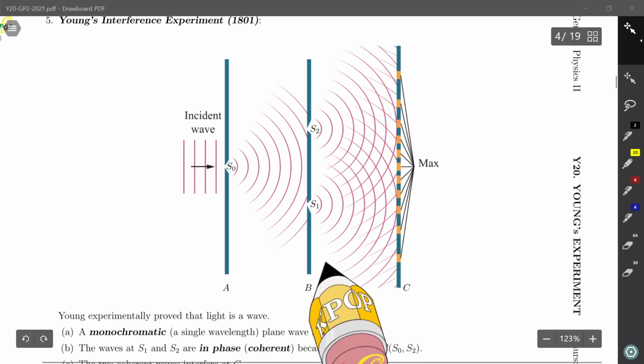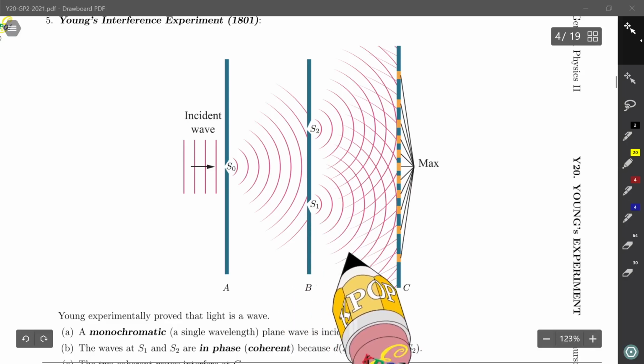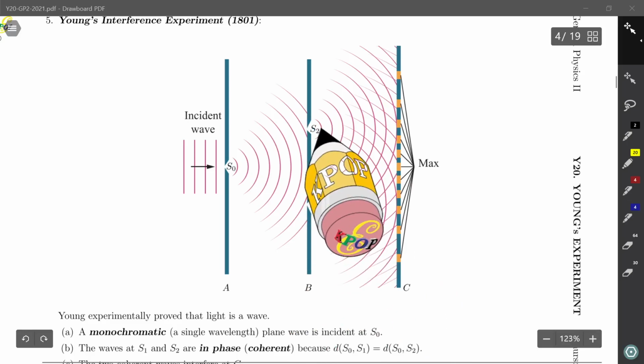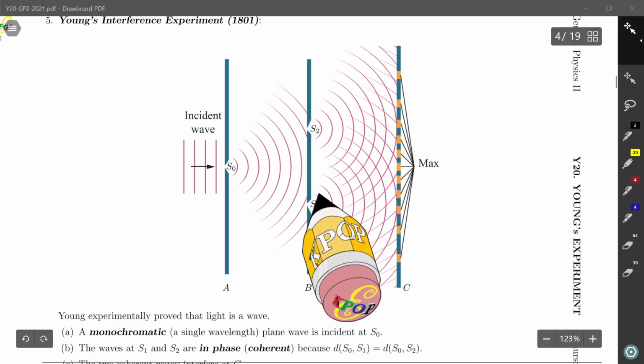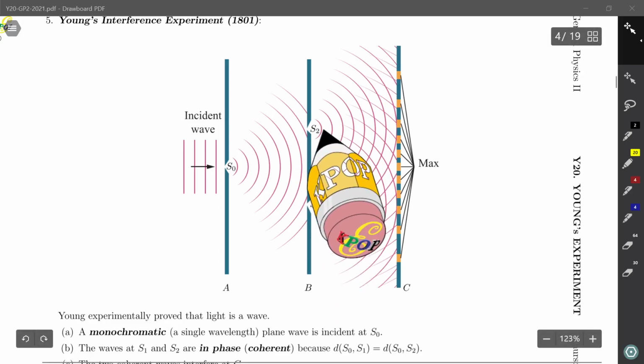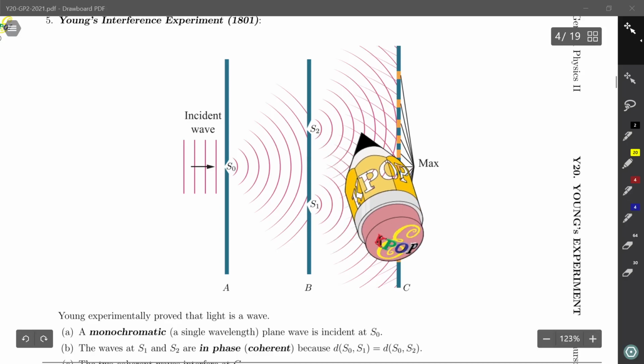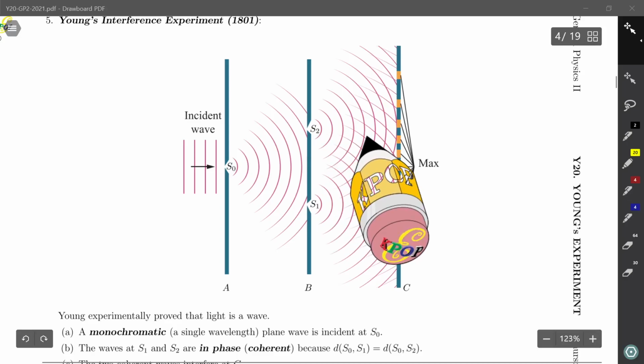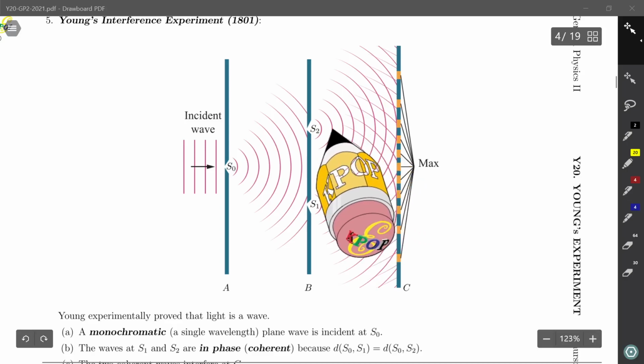That is, it is rather exaggerated. Actually, the distance from this plate B to the screen C is very large in comparison with the distance between the two slits. For the time being, we assume that the width of a single slit is infinitesimally small, so we ignore the size of the single hole.